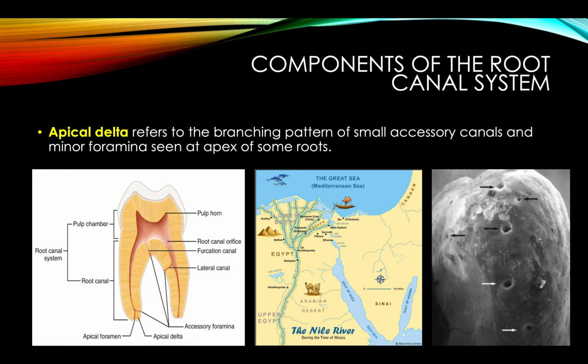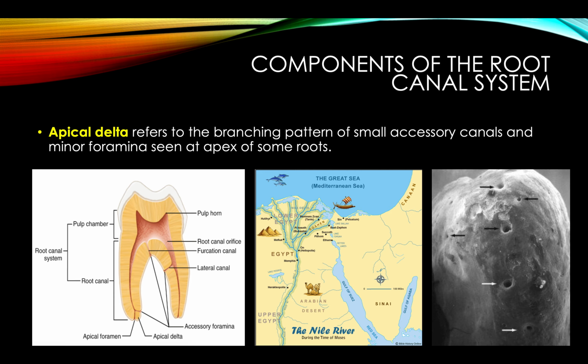Now, another landmark that can occur on the apical part of the tooth is the apical delta, which refers to a branching pattern of multiple small accessory canals and minor foramina that are seen at the tip or the apex of some roots.